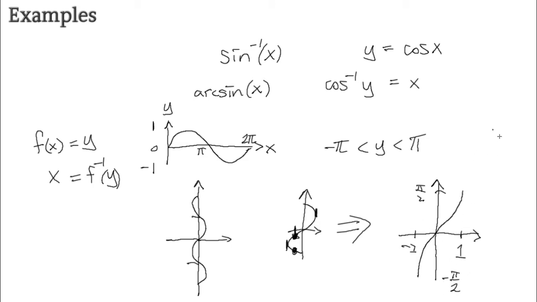This is something you need to keep in mind, and make sure you know what the inverse of sine is. You can do the same for cosine and tangent, and I'm going to let you do that in the questions section. But for now, this is essentially what you're trying to do.